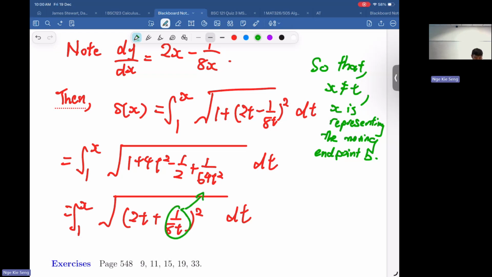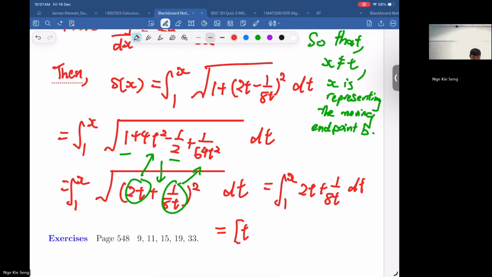This term squared, and this term squared, and then the two multiplied together is 1 over 4. 1 over 4 plus 1 over 4 is 1 over 2. So 1 minus 1 over 2, you get 1 over 2. So actually you are integrating 2t plus 1/(8t). So this will become easy. And then you just get x squared.